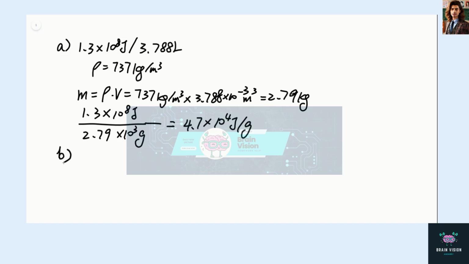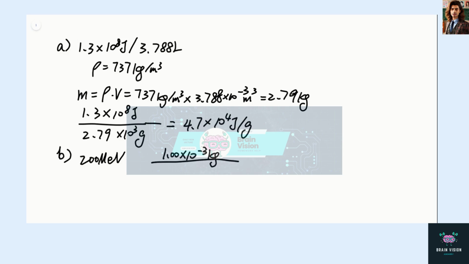Then for part B, during fission, a nucleus releases about 200 MeV. So we want to express it also in terms of joule per gram. So let's first look at how many atoms there are in each gram. In each gram, we have 1.00 times 10 to the negative 3 kilogram.